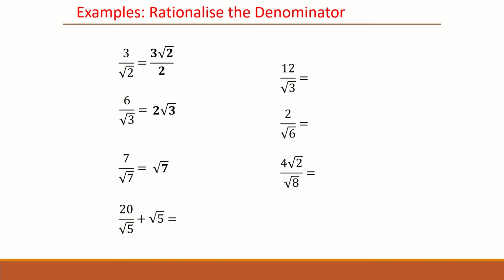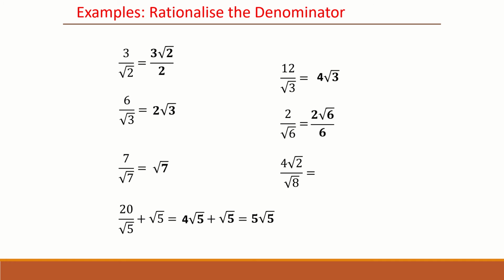The bottom question, rationalize the fraction by multiplying the top and bottom by root 5, which should get 20 root 5 over 5. Simplify it to get 4 root 5, add the plus root 5 to get 5 root 5. For the top right question, you should multiply the top and bottom by root 3, then simplify it to get 4 root 3.